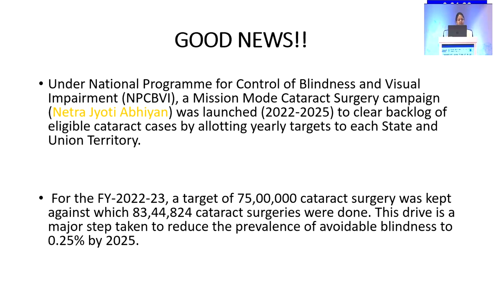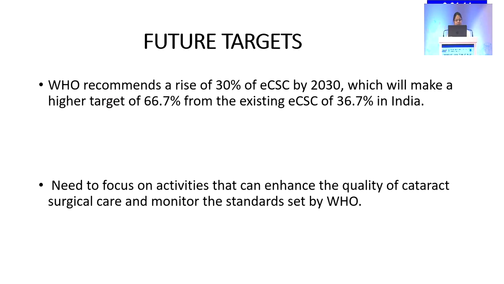For the financial year 22 to 23, a target of 75 lakh cataract surgeries was kept, against which 83 lakh were done. This drive is a major step taken to reduce the prevalence of avoidable blindness to 0.25% by 25. Similarly, the targets for 23 to 24 and 24 to 25 have been proposed.